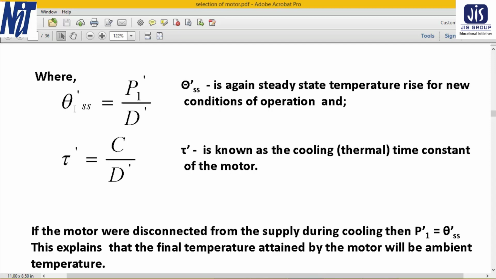This is my heat loss. So if the motor is disconnected, there is no heat loss. So if there is no heat loss, P1 dash equals 0.